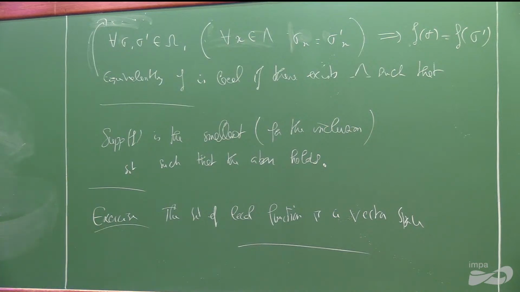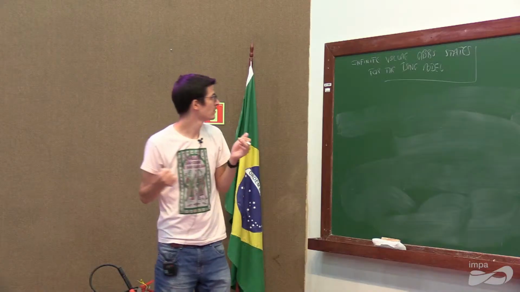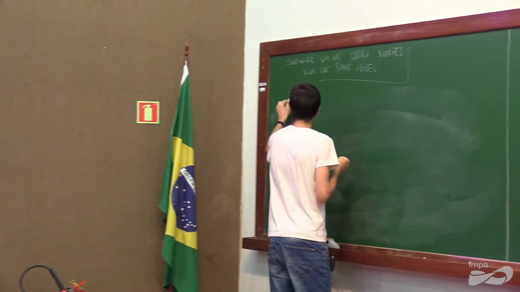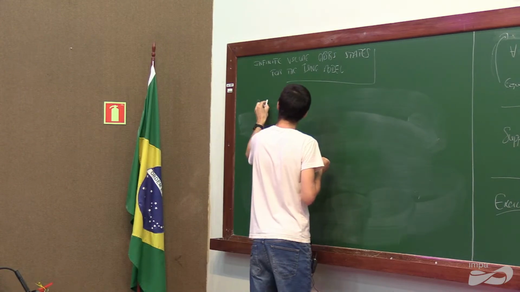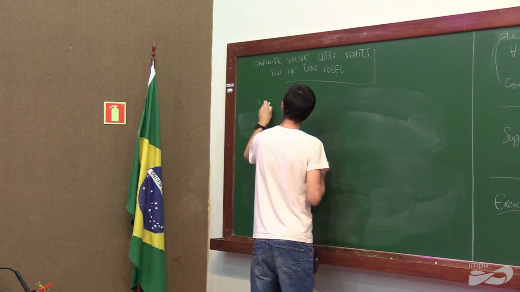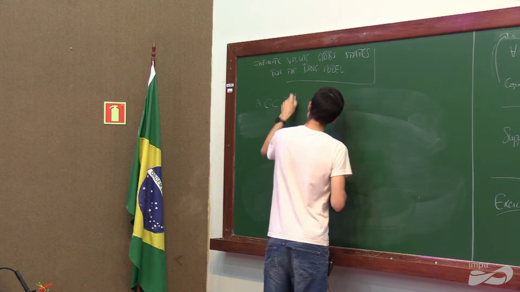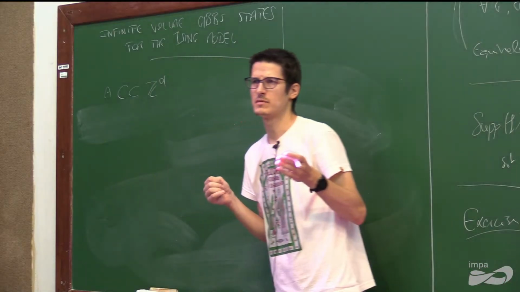I have two of them. Both of them are indexed by finite subsets of Z^d, and I will write this to say that A is a finite subset of Z^d.